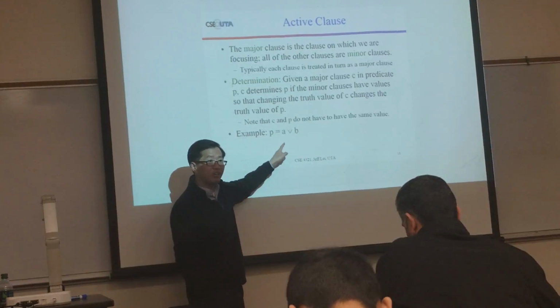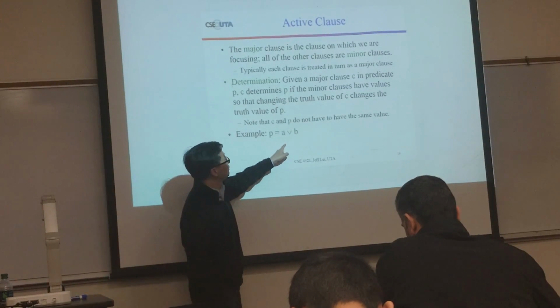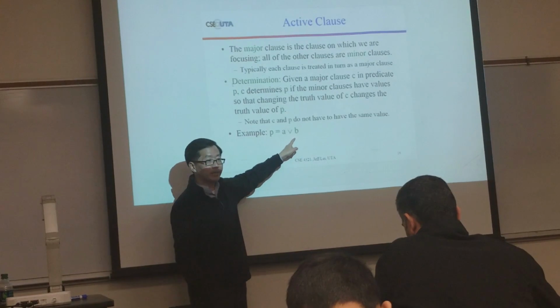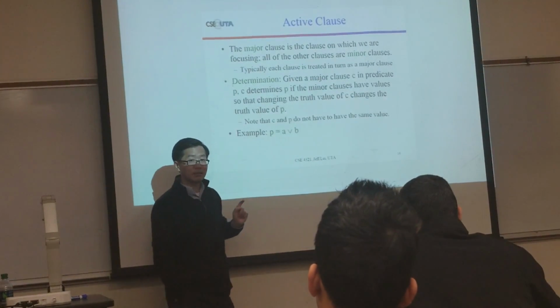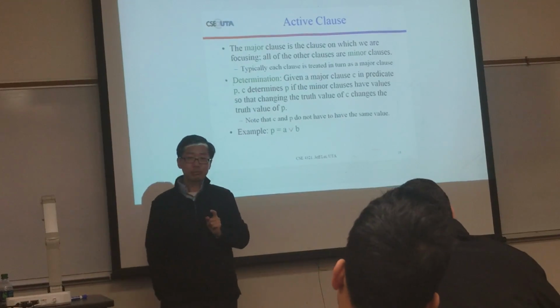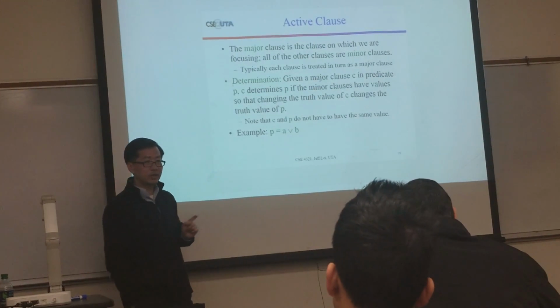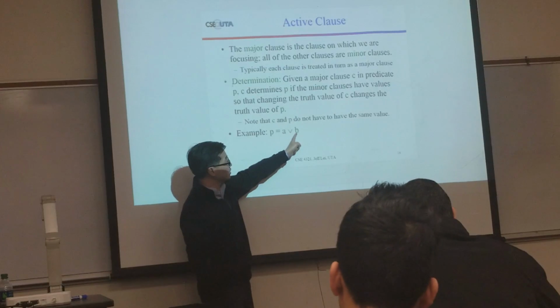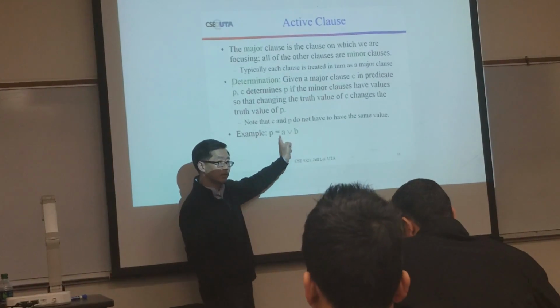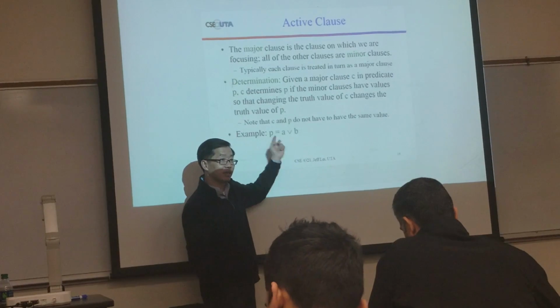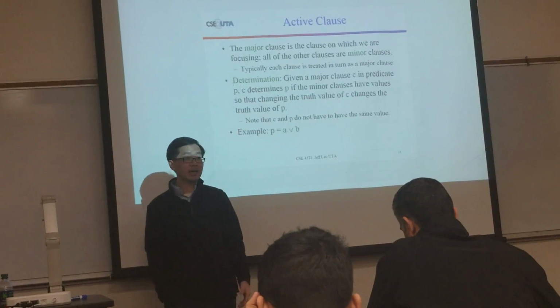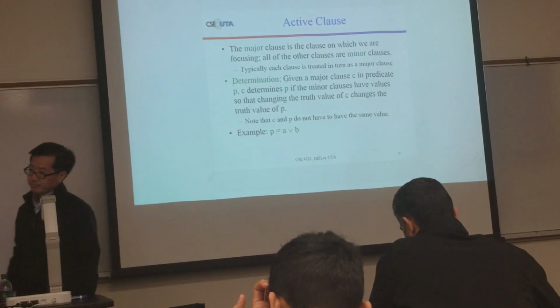I have to make sure A determines the value of the predicate. To do that, I have to assign the minor clauses proper values. So if I want to make A active, B has to be false. If I want to make B active, A has to be false, right? Not true.